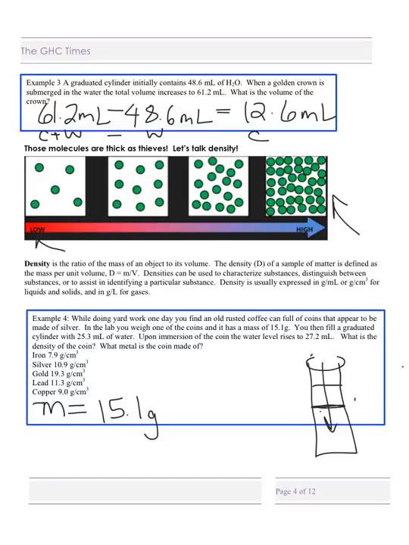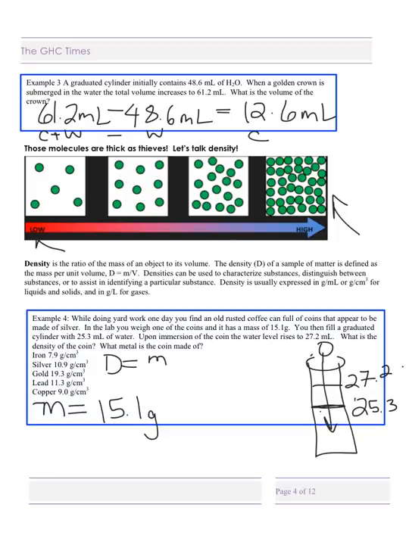Okay. Initially, we're starting out with 25.3 milliliters of water. When we put the coin in, the water level rises to 27.2 milliliters.